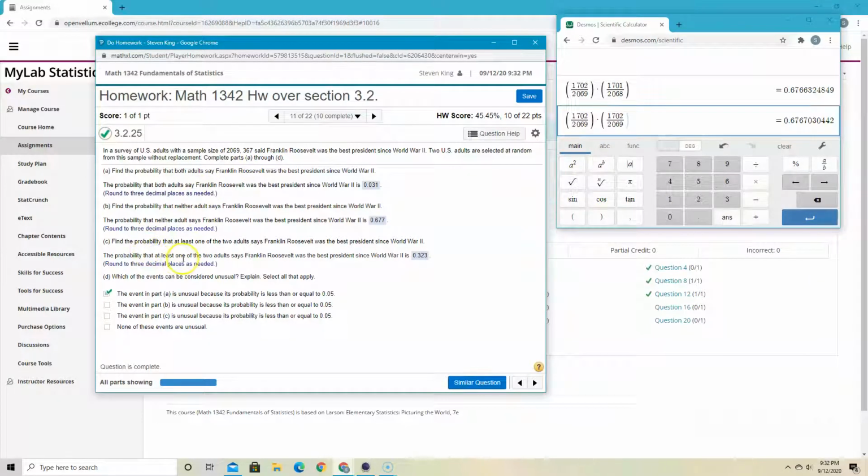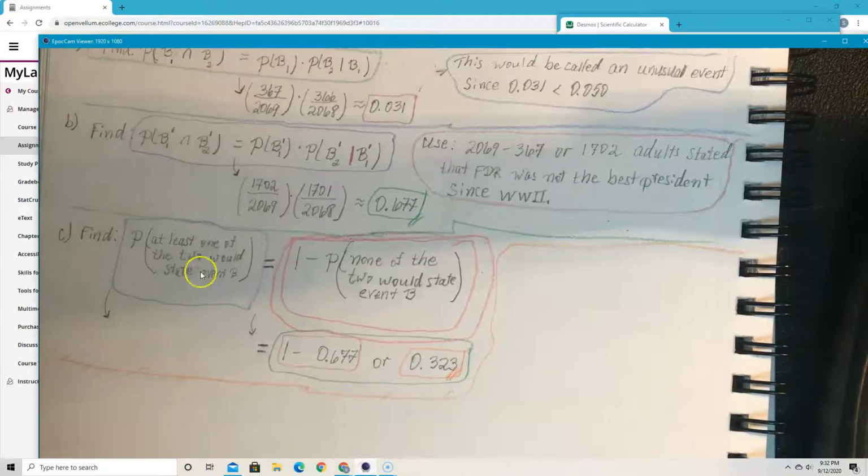The probability that at least one of the 2 adults picked randomly states that Franklin Roosevelt was the best president since World War II is, well, to compute the probability of at least one, what I hope we've accomplished here is that it doesn't matter if it's at least one of the 2, or at least one of the 5, or at least one of the 10, it's always going to equal 1 minus the probability of none.